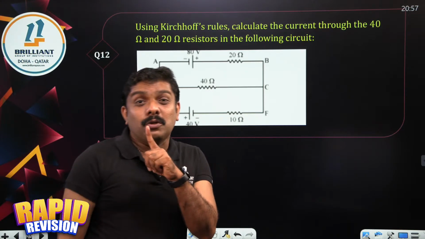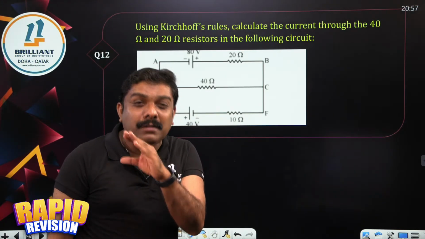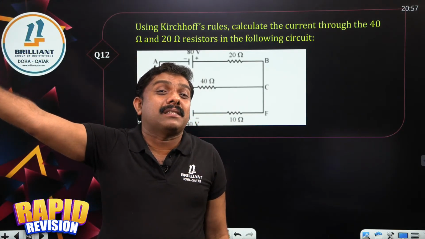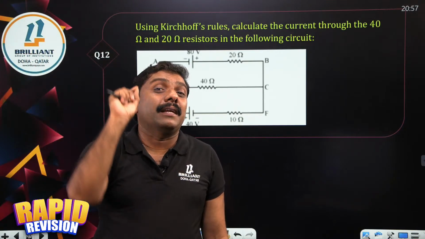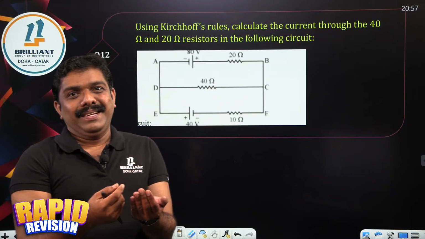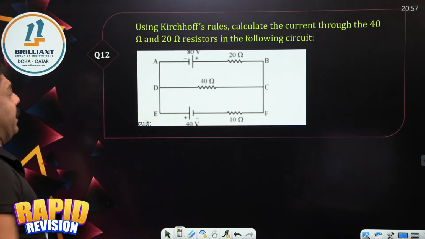The most possible 3-mark question is: state Kirchhoff laws and how they can be justified. Then a circuit will be given and we have to find the current in the branches. So it is a fit 3-mark question, so we are explaining it now.